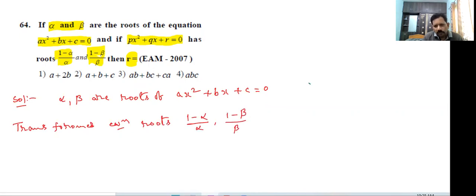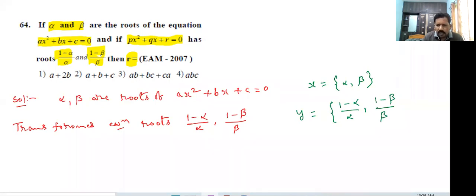For the original equation roots, take x. For the transformed equation roots, take y, because we need different variables now. If you take both as x, we get confused, that's why. Original equation is x, transformed equation means y.